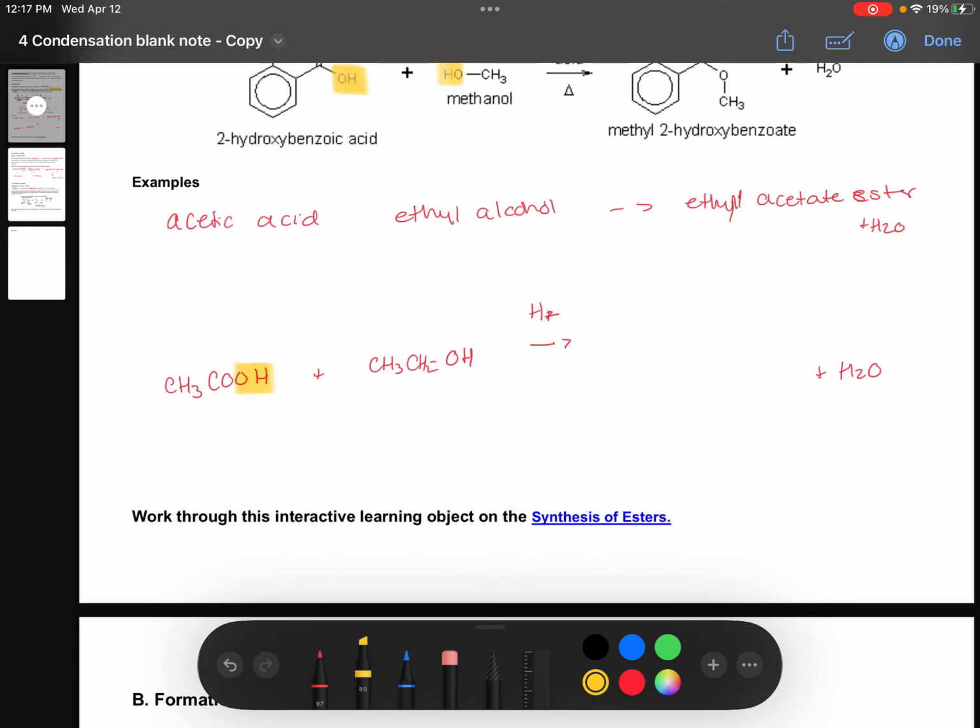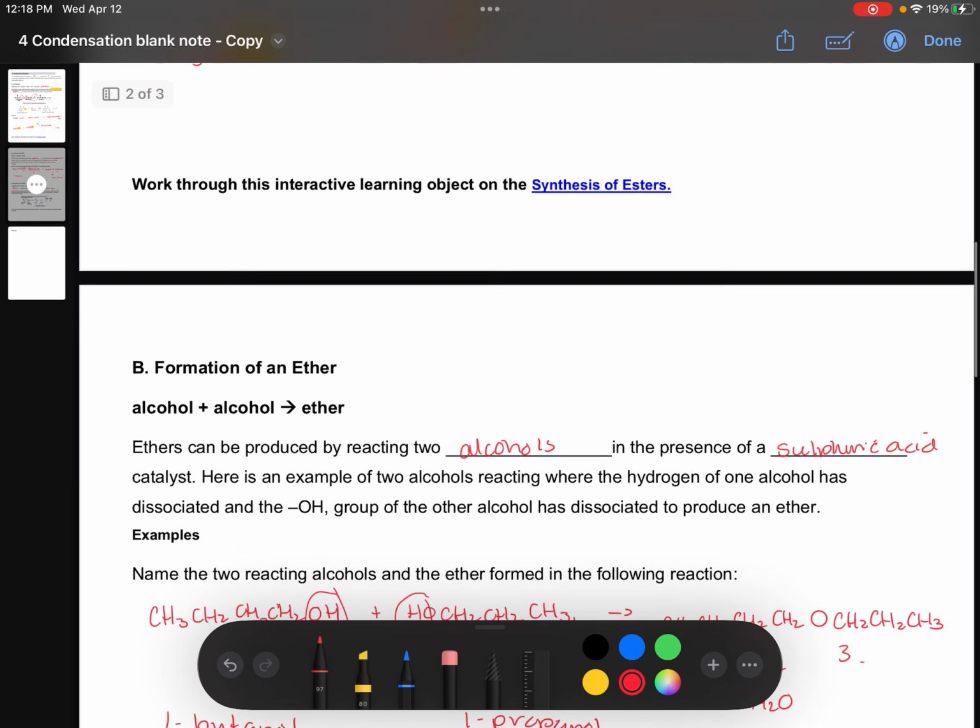Once again, we have our OH and our H that is going to be removed, and the remaining parts are going to be combined together. So we have our CO, and then we add our extra O from our alcohol, and then we have CH2, CH3. Once again, we remove our hydrogen and our hydroxyl from both, and we are able to combine and create water.